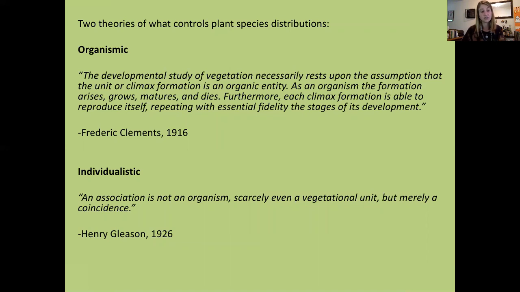Then there's the individualistic theory, which is by Henry Gleason, and his is more that plant distribution is controlled by resource gradients and sometimes competition, but it's not always going to be the same.